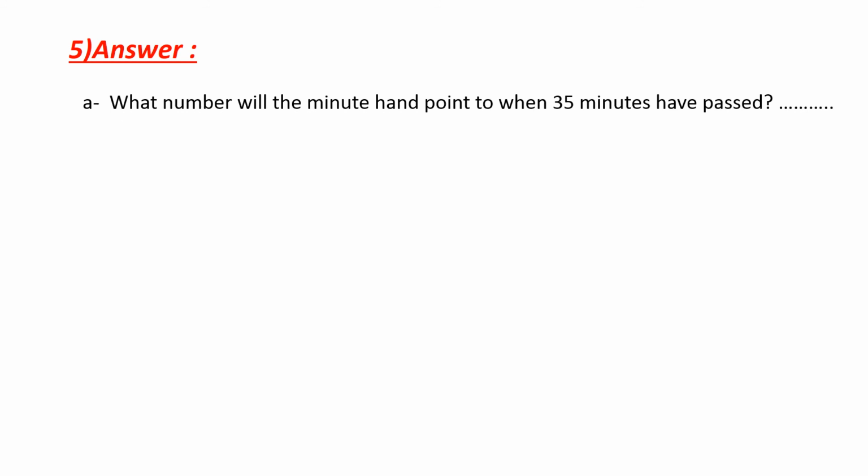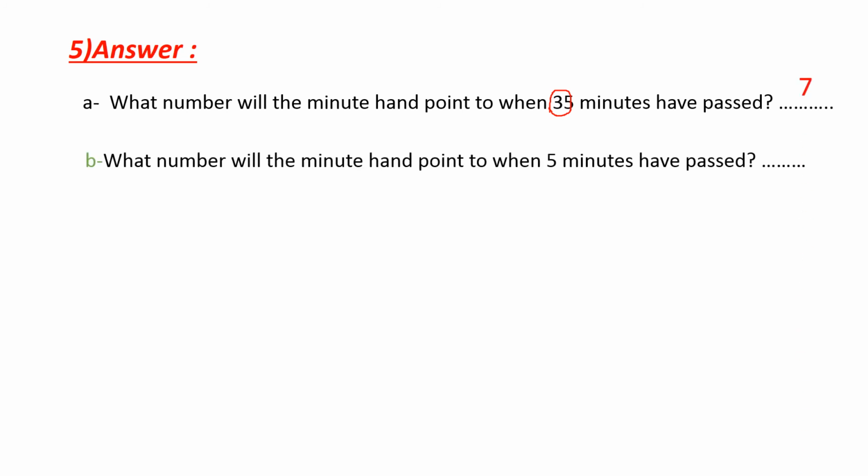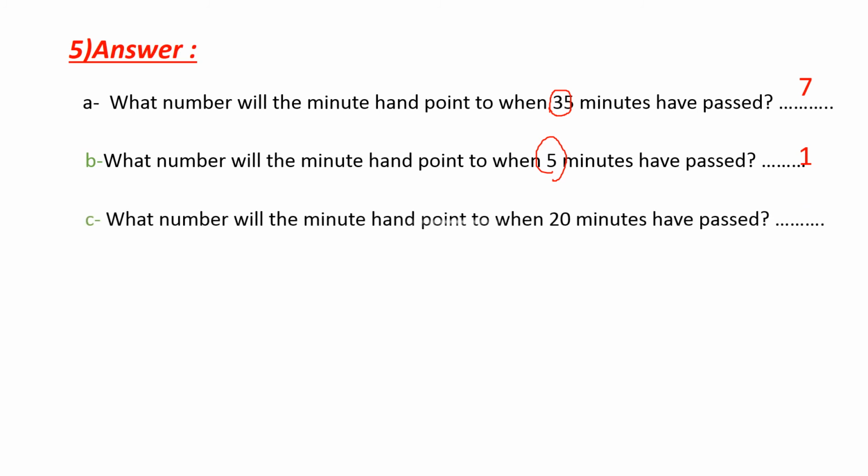What number will the minute hand point to when it's 35 minutes? When 35 minutes have passed, the long hand will be at 7. What number will the minute hand point to when 5 minutes have passed? 5, so the long hand at 1. What number will the minute hand point to when 20 minutes have passed? 20 minutes have passed, so the long hand should be at 4.